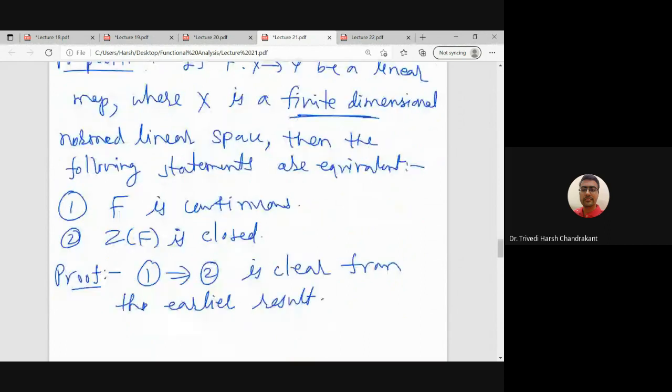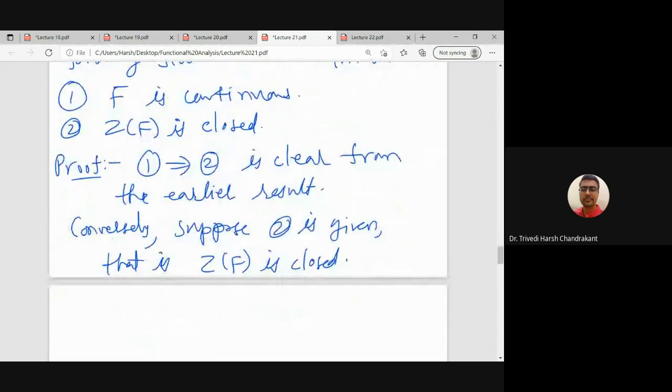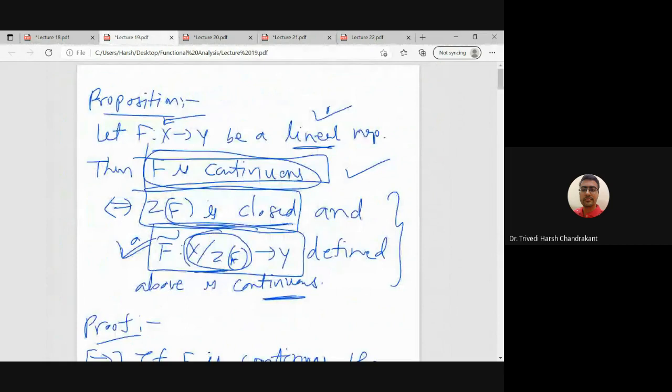So the claim is, what is f tilde? F tilde is defined on the quotient space, right? So what we know is X is finite dimensional. If using X is finite dimensional, we can prove that the quotient space is also finite dimensional, then we can prove this result.